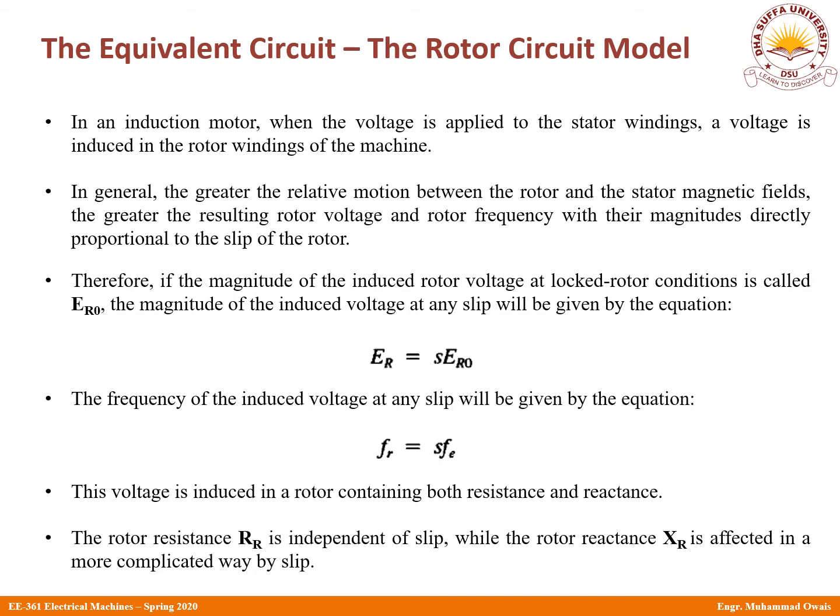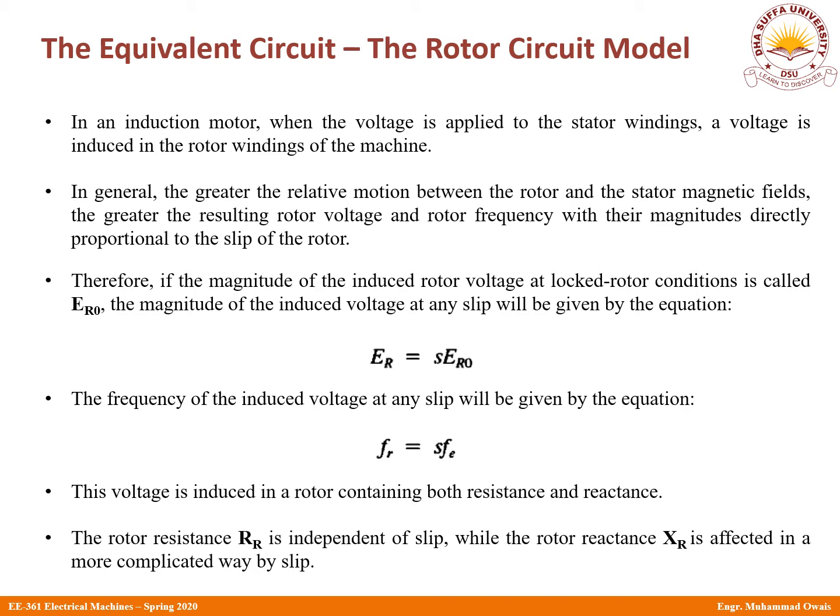In an induction machine, you know that when a voltage is applied to the stator winding, a voltage is induced in the rotor winding of the machine. In general, the greater the relative motion between the rotor and the stator magnetic field, the greater will be the resulting rotor voltage and the rotor frequency.